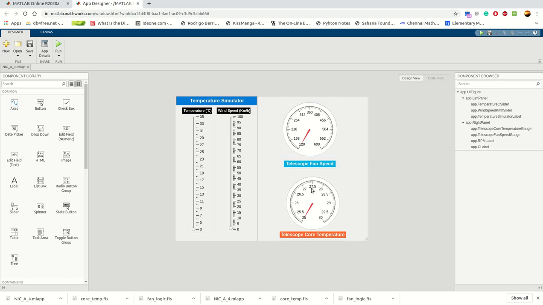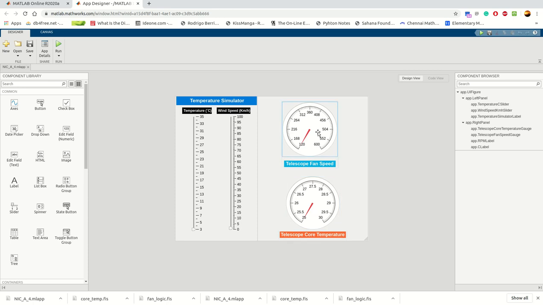This is the GUI I have created to simulate the core temperature. It contains two input variables, temperature and wind speed. The temperature is a slider ranging from 3 to 35. Wind speed is a slider ranging from 0 to 100. The initial value is 1 to 100.